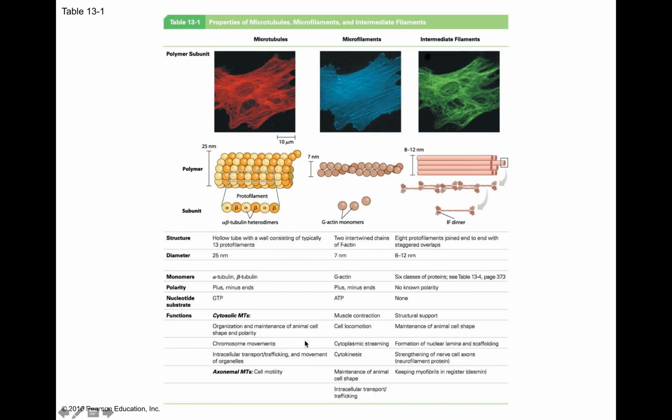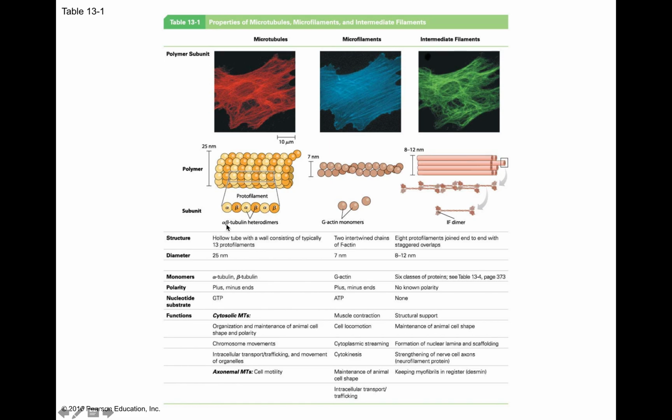And you can distinguish among these three types of filaments by what kind of proteins they're made out of and also their size. So today we're going to talk about microtubules. Microtubules are made out of the protein tubulin, either alpha or beta tubulin.